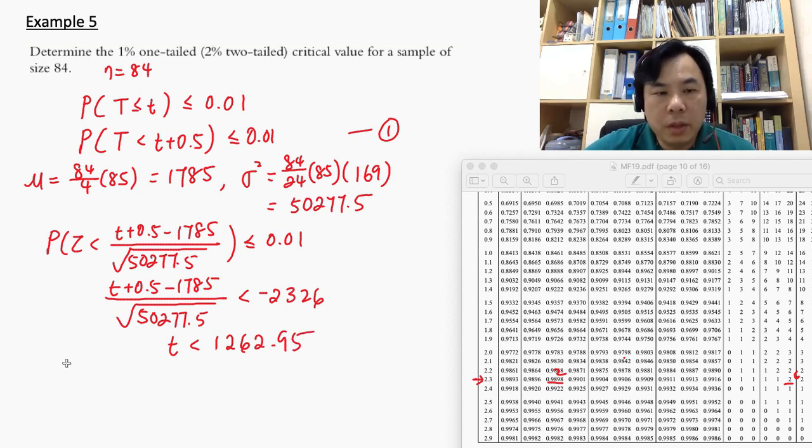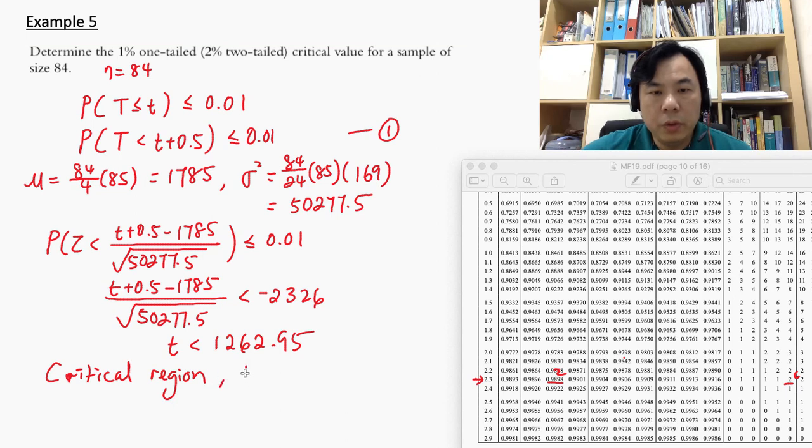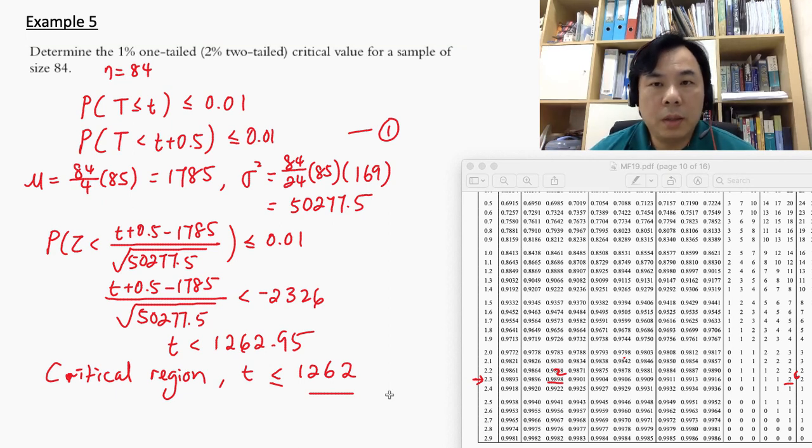So therefore we will say that the critical region is anything less than, so the critical region will refer to the critical value less than or equal to 1262 in this case. Now I hope that is clear with this calculation. Now next I'm going to move on with another application of the Wilcoxon Signed Rank test.